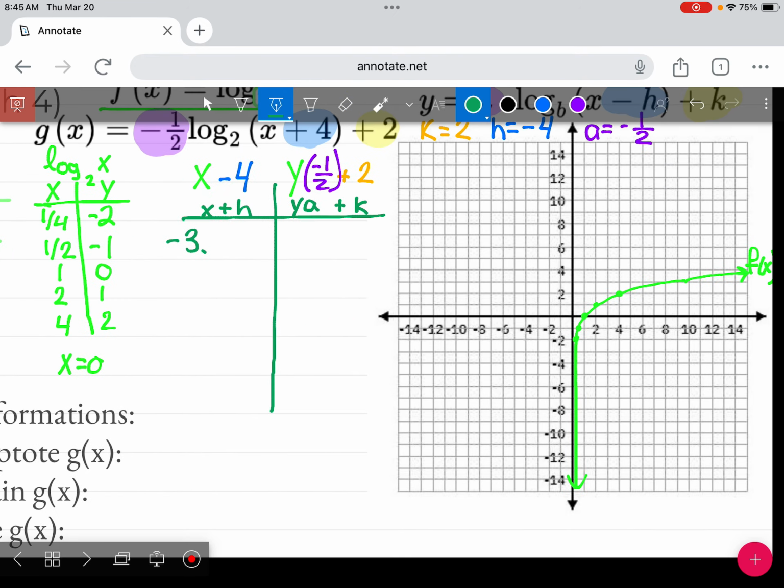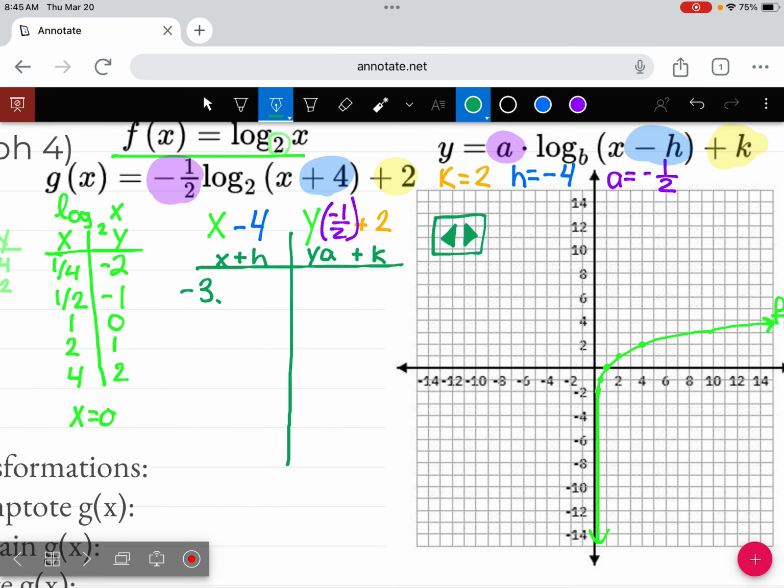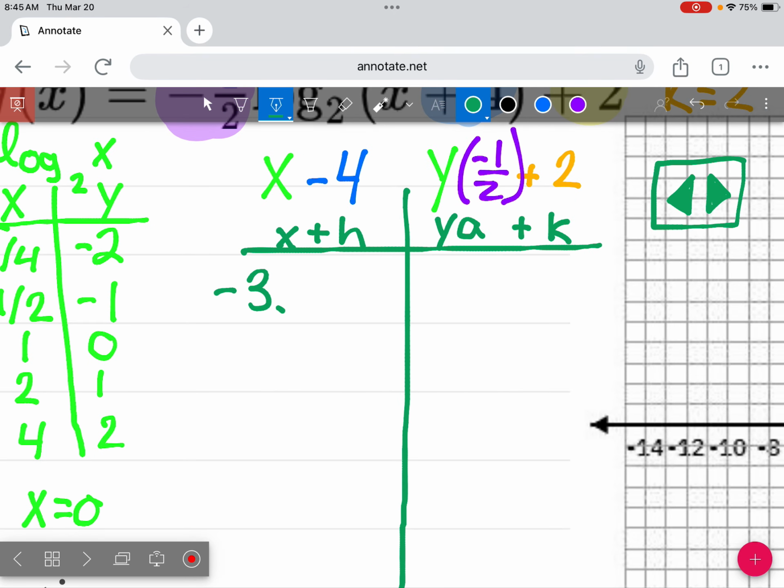The button that switches it from a fraction to a decimal looks like these guys. So this is the button you want to hit to switch your fractions to decimals. We should get minus 3.75.